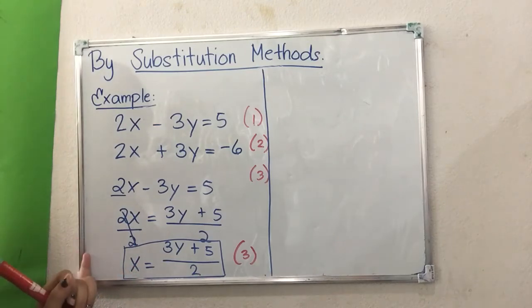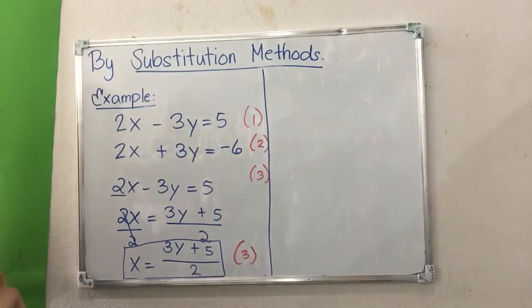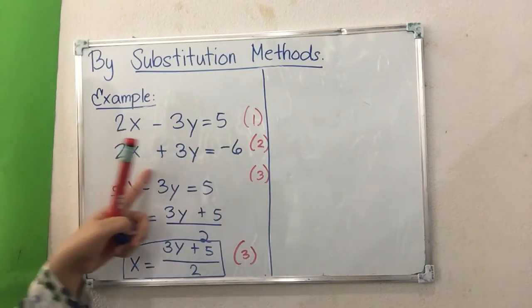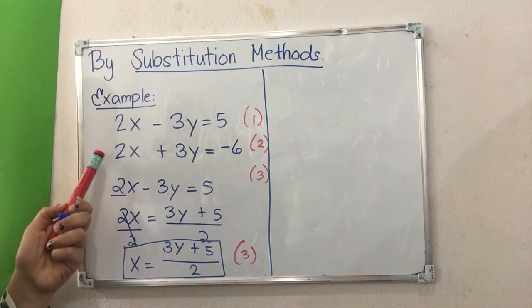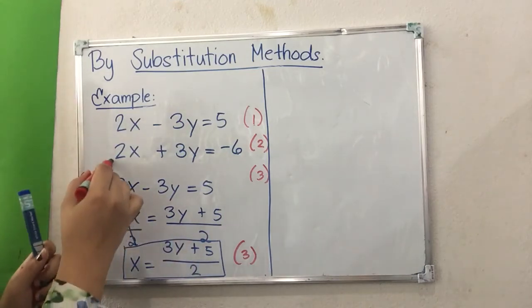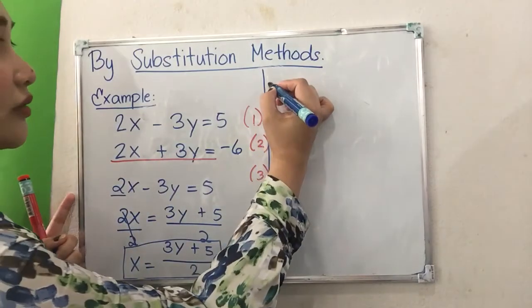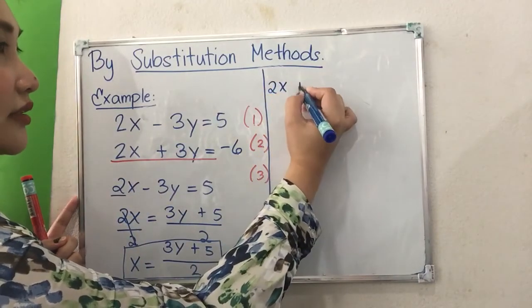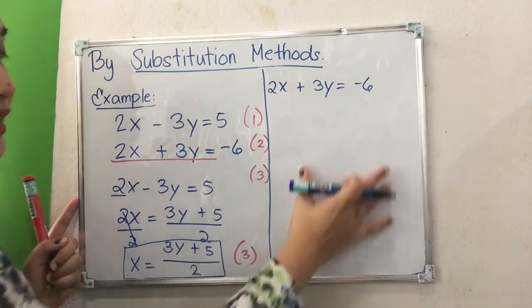Like I said, you can use either equation 1 or equation 2. This time I will use equation 2. Let's substitute the value into equation 2. Let's write it here: 2x plus 3y is equal to negative 6.